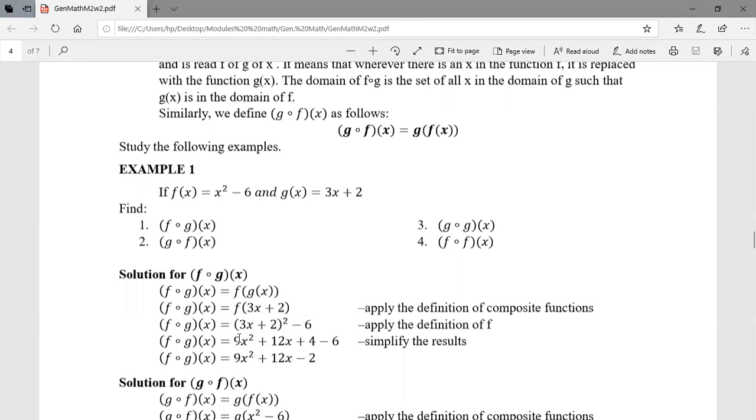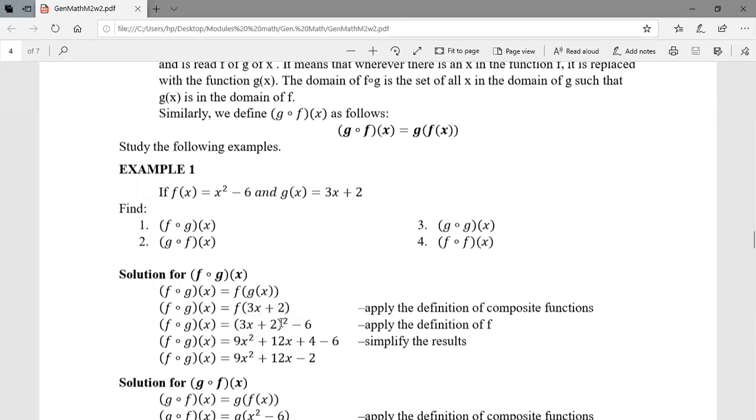Square the first term, plus twice the product of the first and second term, plus square of the last term. So the square of the first term: 3x times 3x, 3 times 3 is 9, so 9x squared.